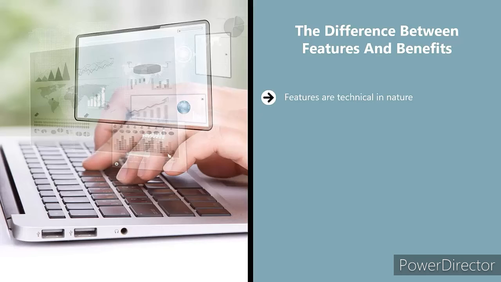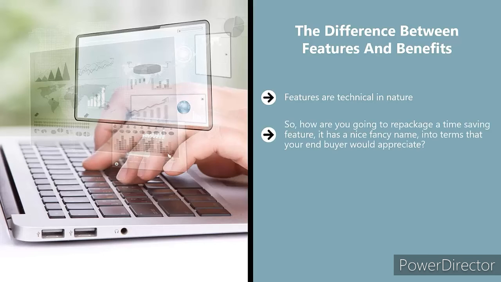If somebody's buying a washing machine, they're looking to save time. They're looking for more control over their life. They're looking for more time with their loved ones. So, how are you going to repackage a time-saving feature that has a nice fancy name into terms that your end buyer would appreciate? So, you talk about spending more time with their children. You talk about being able to do more with less money and living life to the fullest.